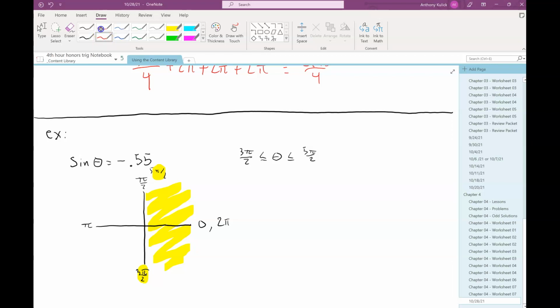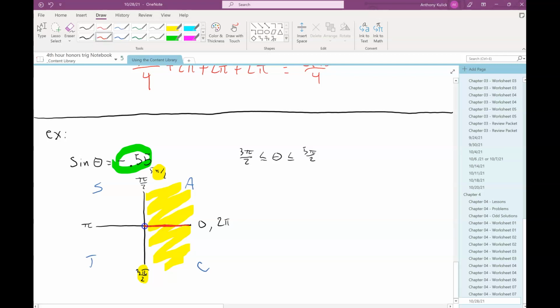So far, so good? Okay. And then using all silly turtles crawl, sine is negative in which one of those two quadrants? 1 or 4? 4.